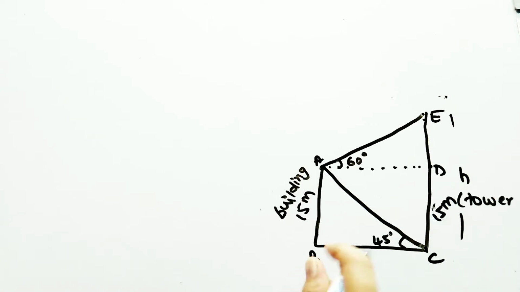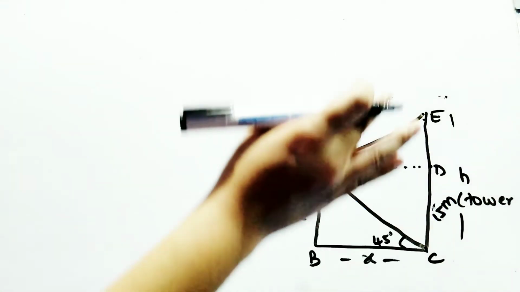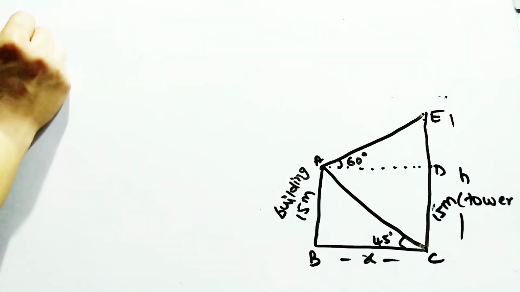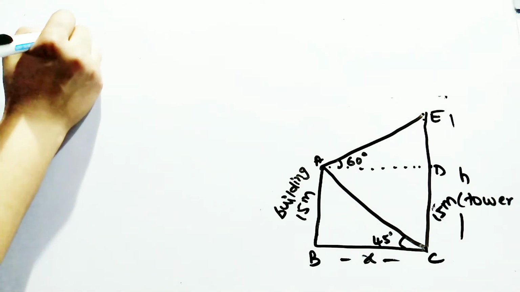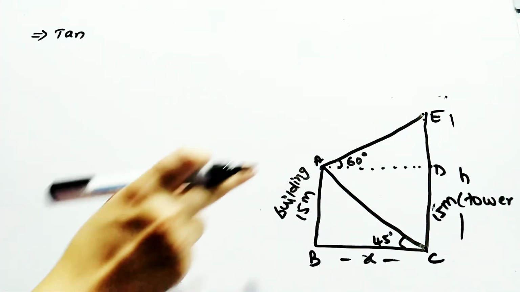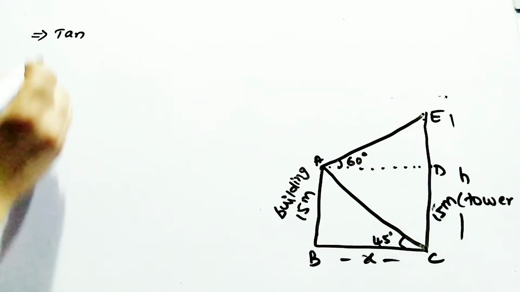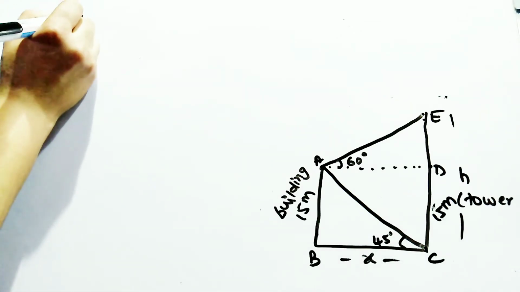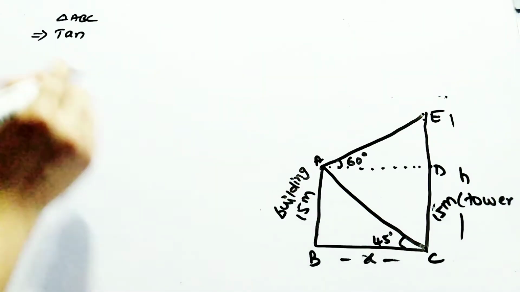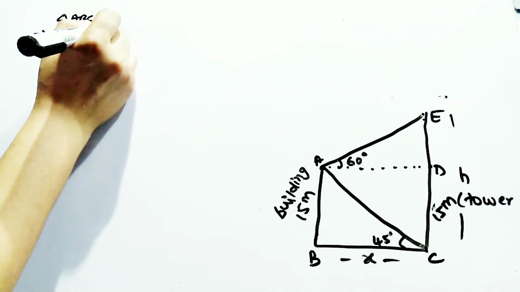Let's take the distance between the building and the tower as X. Let's find out in triangle A, B and C. What is the angle? Tan 45.